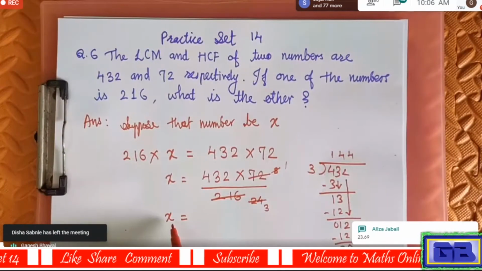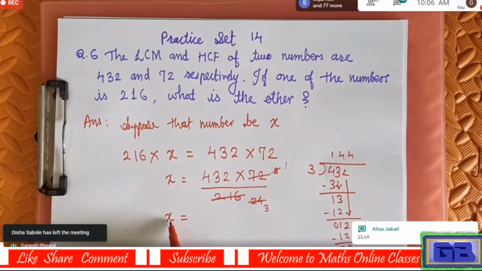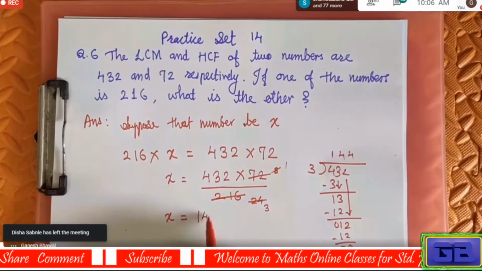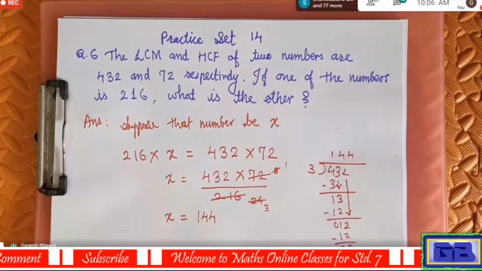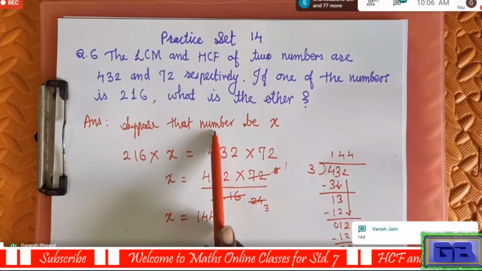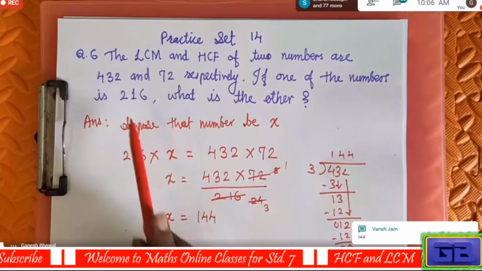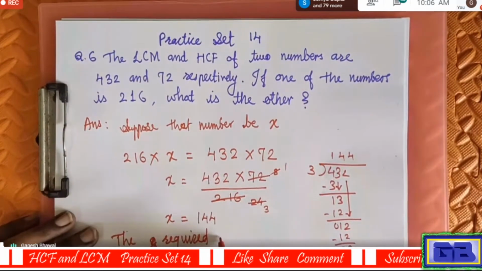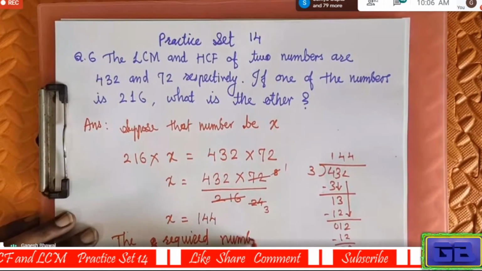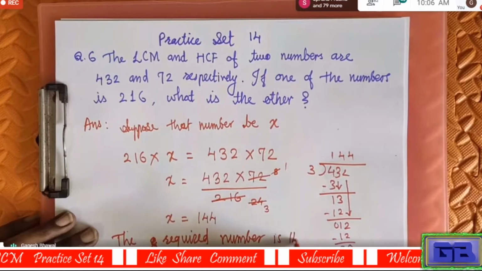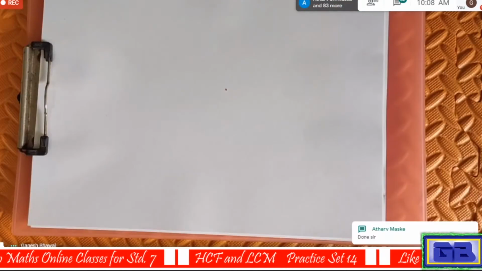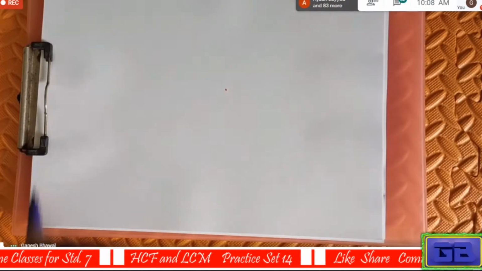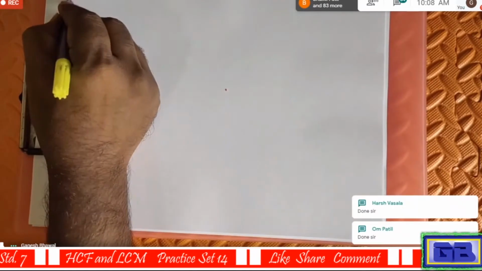It means the value of X is 144, and we had considered that number to be X. It means our answer is: the required number is 144.